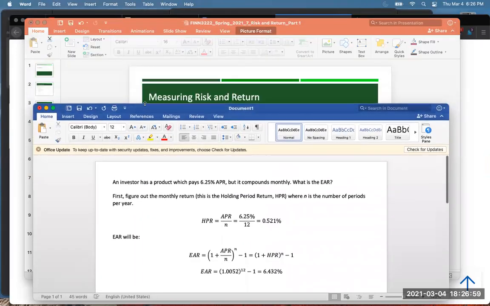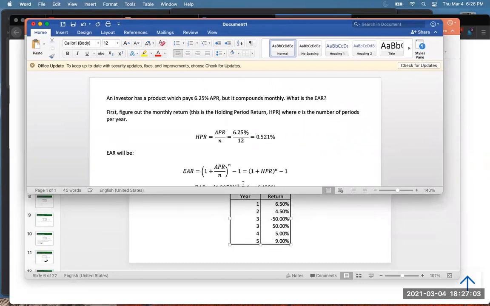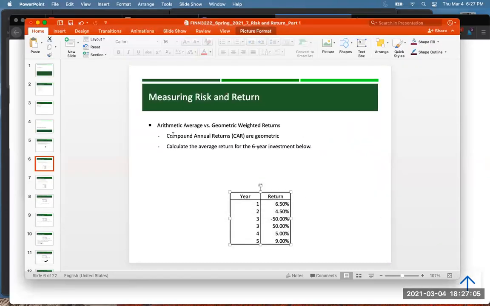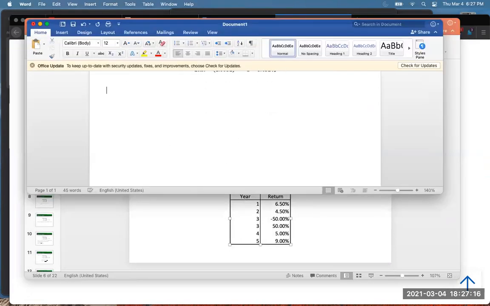What's the geometric average? You will also hear people use the term compound annual rate, or compound annual return, or compound annual growth. Those are all geometric. This is in the textbook.